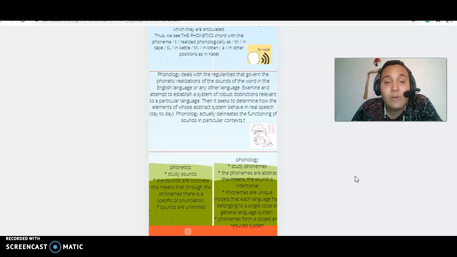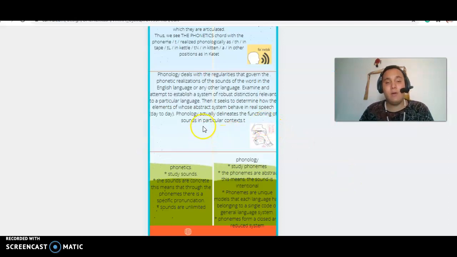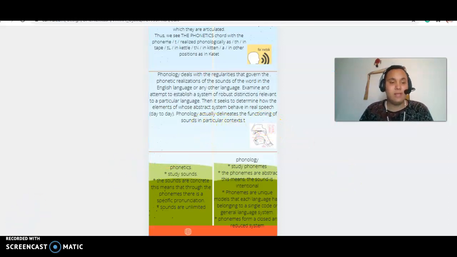They examine and extend a system of distribution particular to a language. They seek to determine how the elements of the abstract system behave in day-to-day phonology.